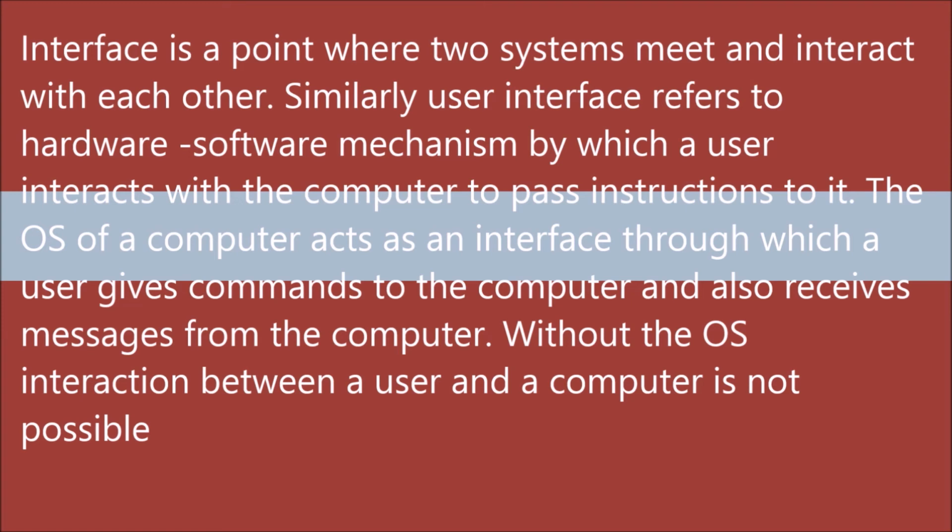The operating system of a computer acts as an interface through which the user gives commands to the computer and also receives messages from the computer. Without the operating system, interaction between user and computer is not possible.